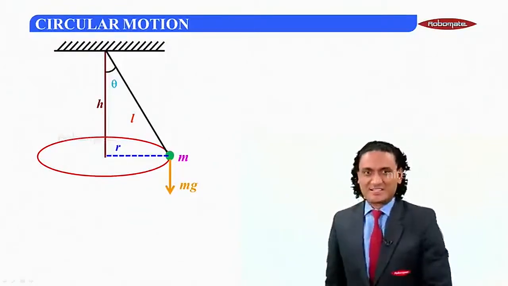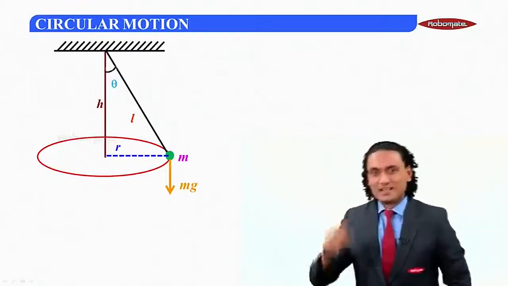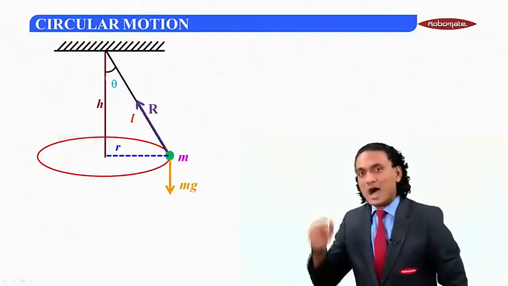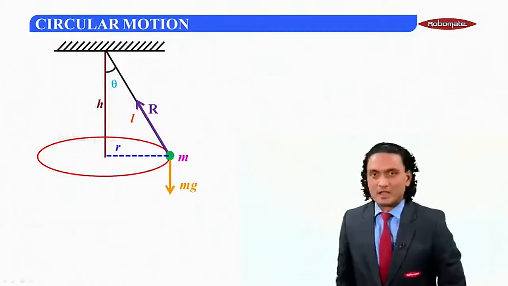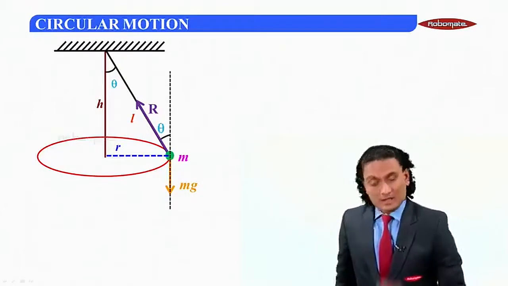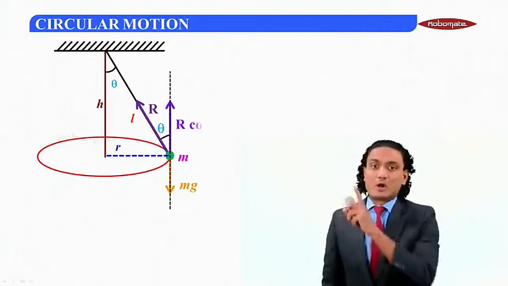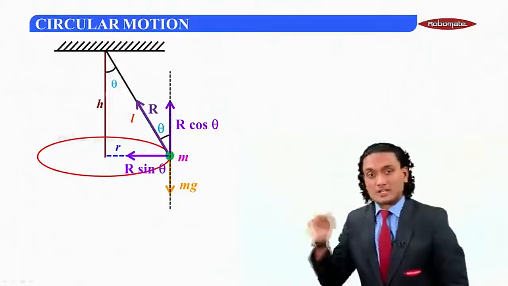Yes, tension is there. So tension is a force acting in the string. Here, R will be the force of tension acting on the string. Now you see here, R makes an angle theta with the vertical. So you can resolve R. The vertical component of tension is R cos theta. The horizontal component of tension is R sin theta.